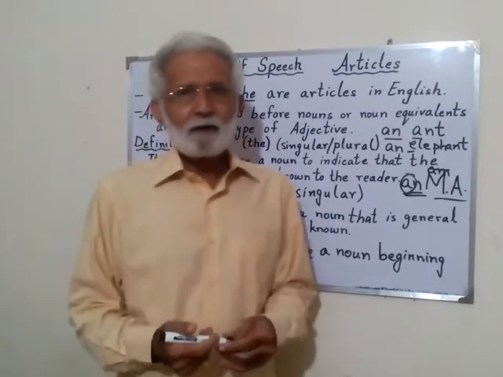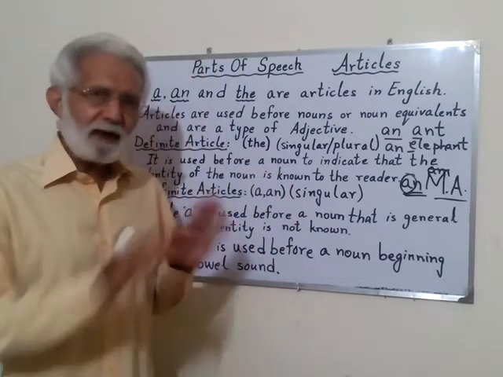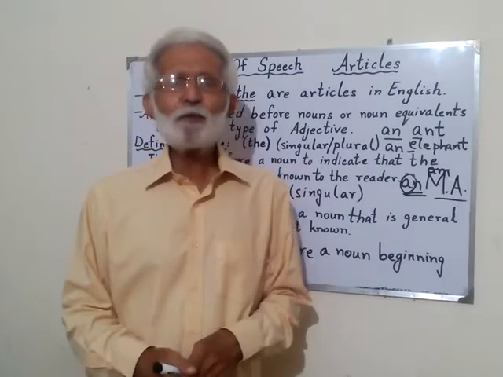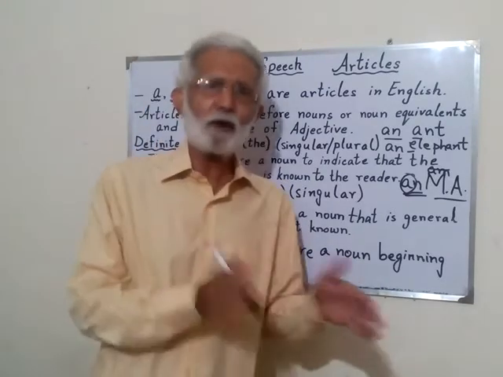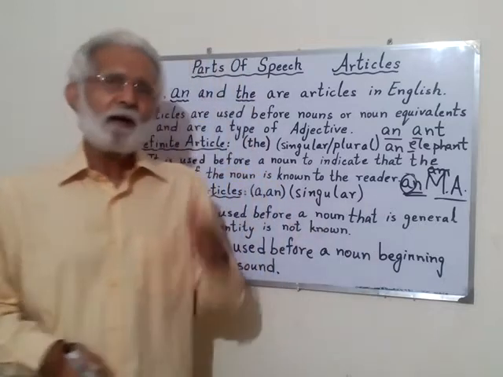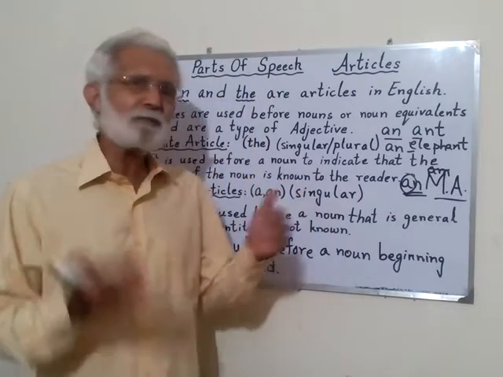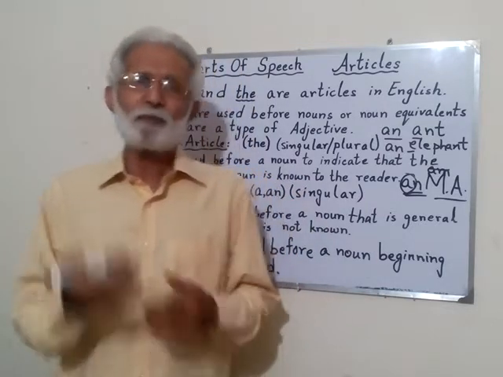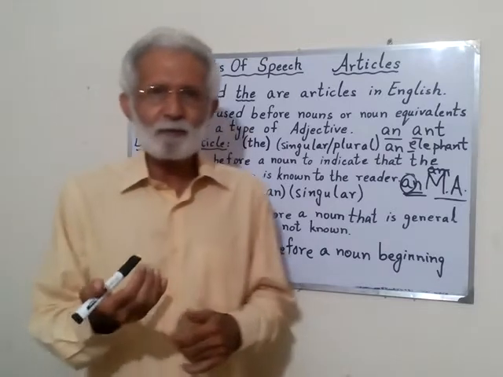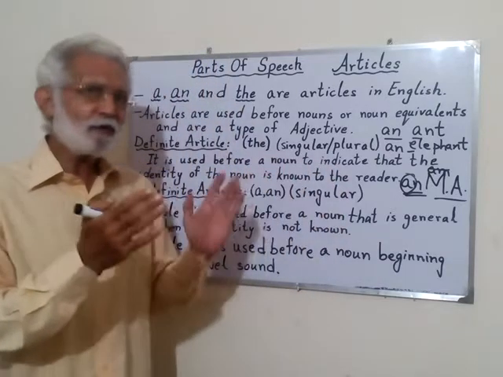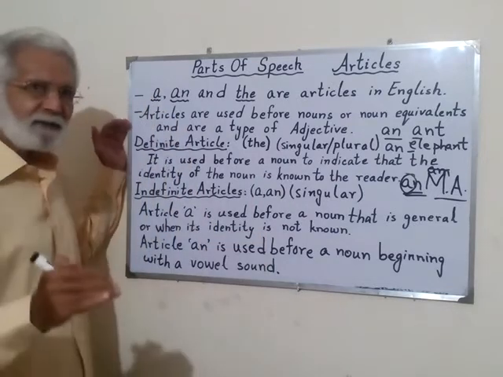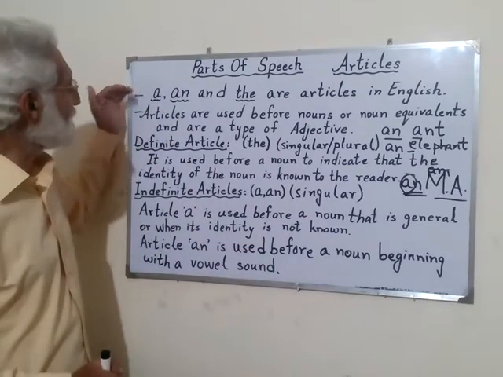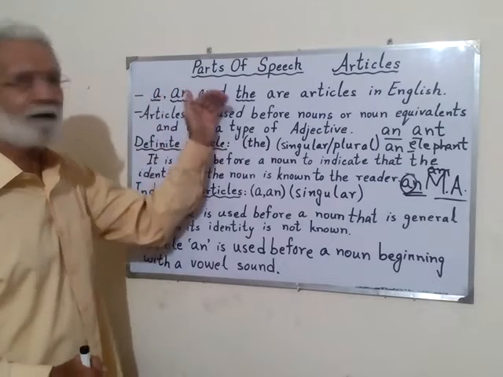Now, I will tell you with the help of a table what are specific and non-specific, what are countable and non-countable nouns, and how we use articles before singular and plural, before countable and non-countable nouns, because articles are used before nouns. So when you practice, first you must know what a, an and the are.